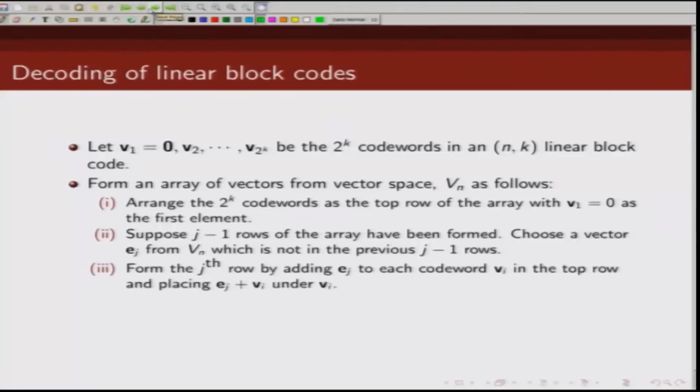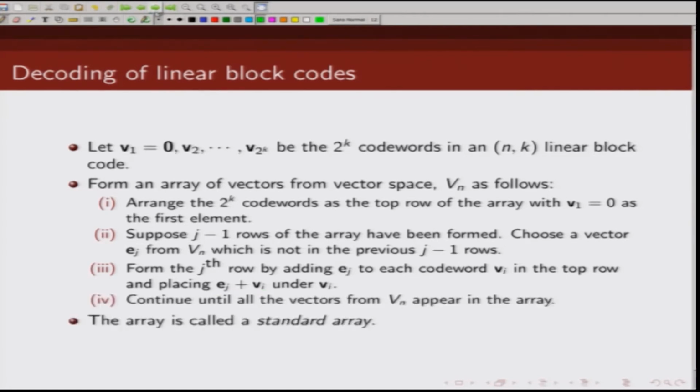Next, we form the jth row by adding that error vector to each of the code words on the top row and placing the new vector, which is E_j plus V_i, under the code word V_i.